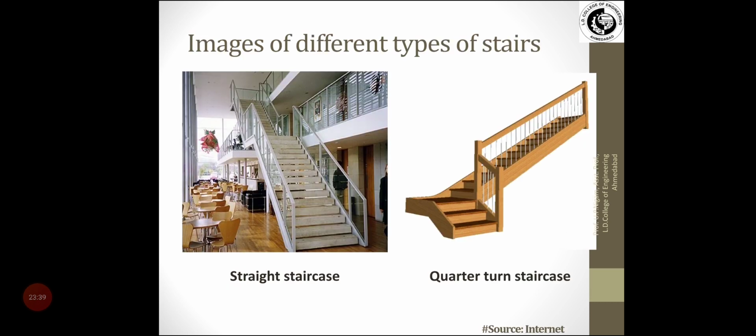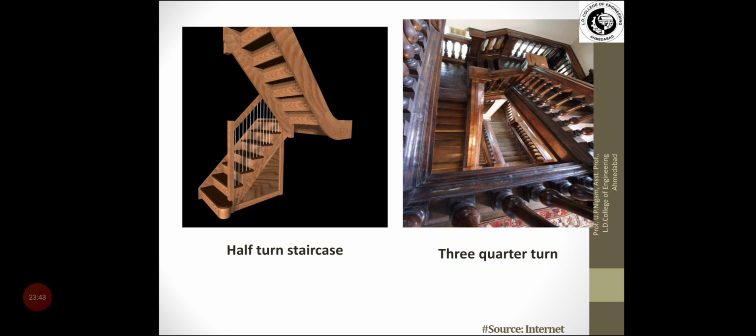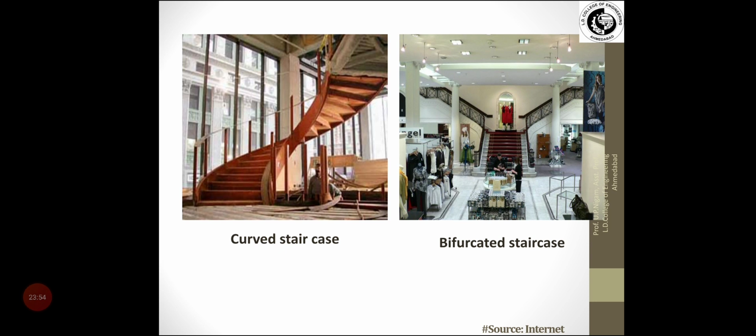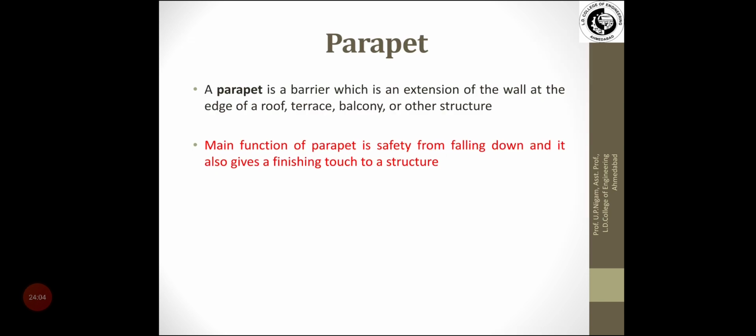So straight stair is there, quarter turn stair is there, half turn staircase, three-quarter turn. Alright, then circular staircase is there, a spiral staircase is there, curved staircase, bifurcated staircase is there. So these are the different types of stairs being used.